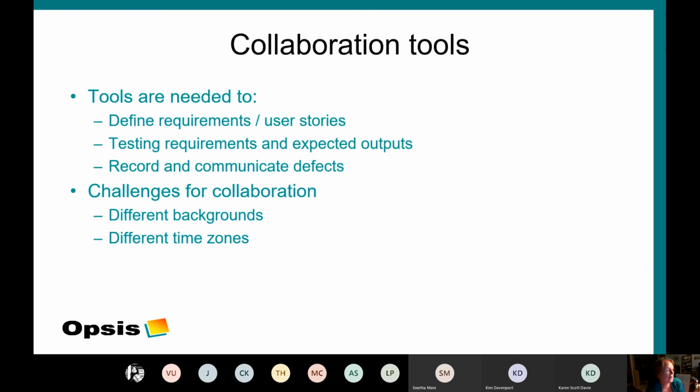So if we look at collaboration tools, these are the tools that are available to you to define requirements, which is sometimes done as user stories, testing requirements and the expected outcome from testing, and also recording and communicating defects.